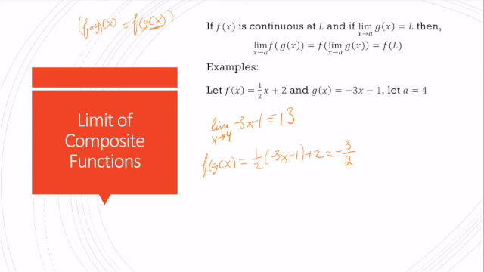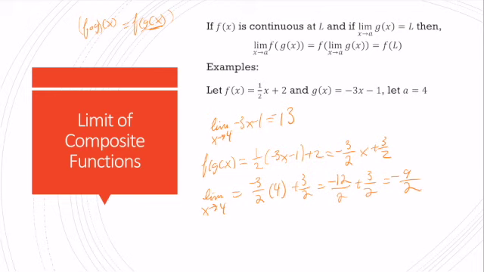So I have negative 3/2 x plus 3/2. Now the limit as x goes to 4 equals negative 3/2 of 4 plus 3/2, which gives me negative 12 halves plus 3/2, which is negative 9 halves.